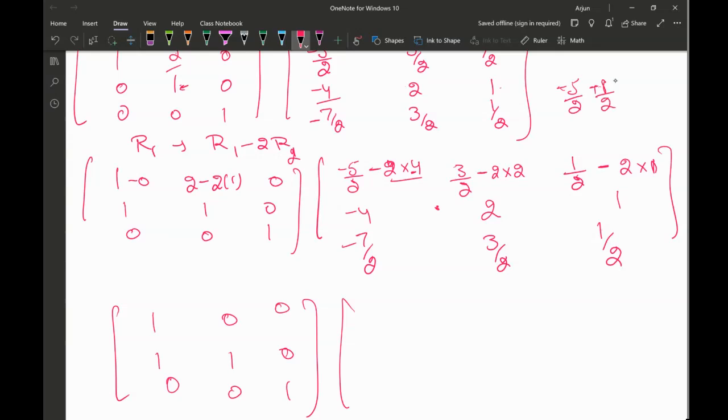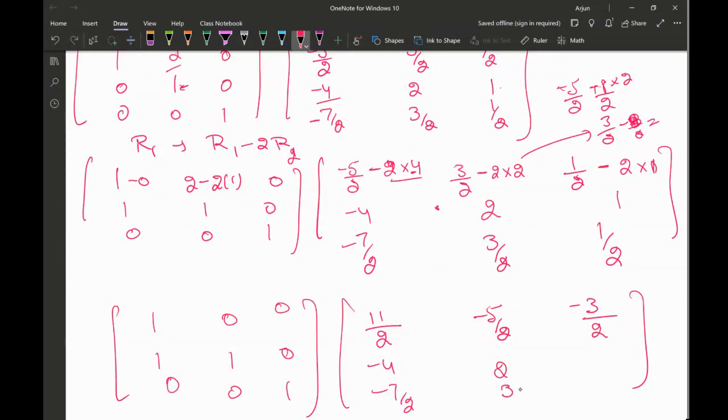I'll divide by 2, so multiply this by 2 also, so this will become 16. 16 minus 5, which is 11 over 2, and this will become 3 minus 3 over 2 minus 4. This one I'm doing. Let's divide by 2, multiply by 2. This will be 8. So this will become minus 5 over 2, and this will become minus 3 over 2. And down here, minus 4, minus 7 over 2, 2, 3 over 2, 1, 1 over 2.